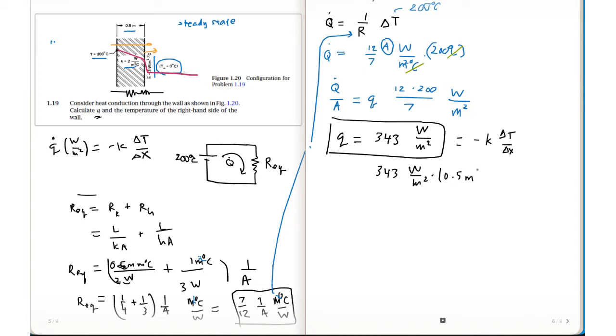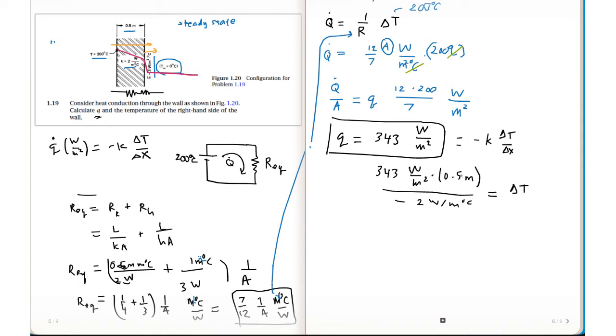That's really a very thick layer. Divided by negative 2 watts per meter degree C equals delta T.